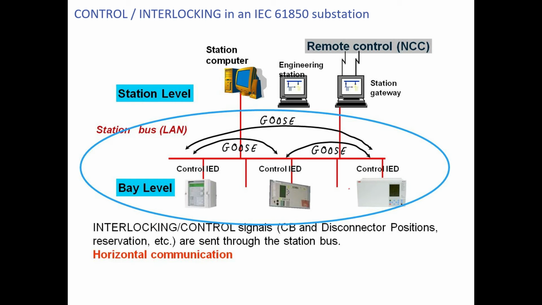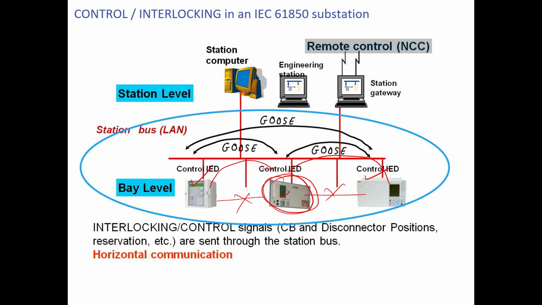Suppose you want to devise an interlock in this IED, and you need information from these two other IEDs. You don't have to hardwire between these IEDs. You can take the information from those IEDs directly through the station bus, and implement an interlock in this IED.